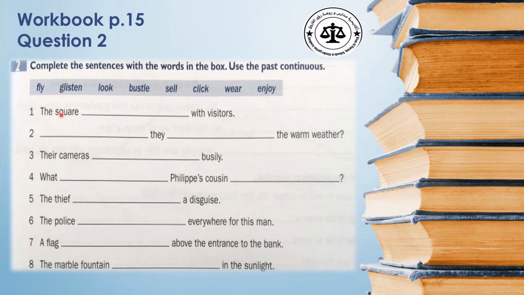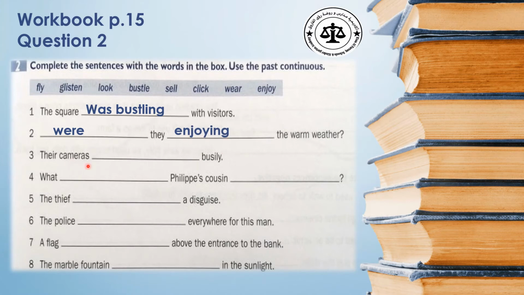This is singular, so we have to use was, bustling, excellent. This is a question. They, the warm weather. So here we want to use were, excellent, because we have a plural pronoun, then the verb ing, enjoying.